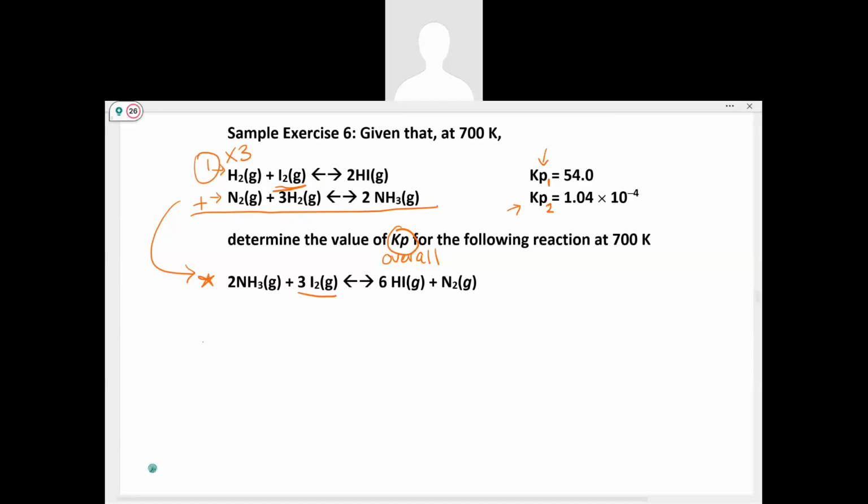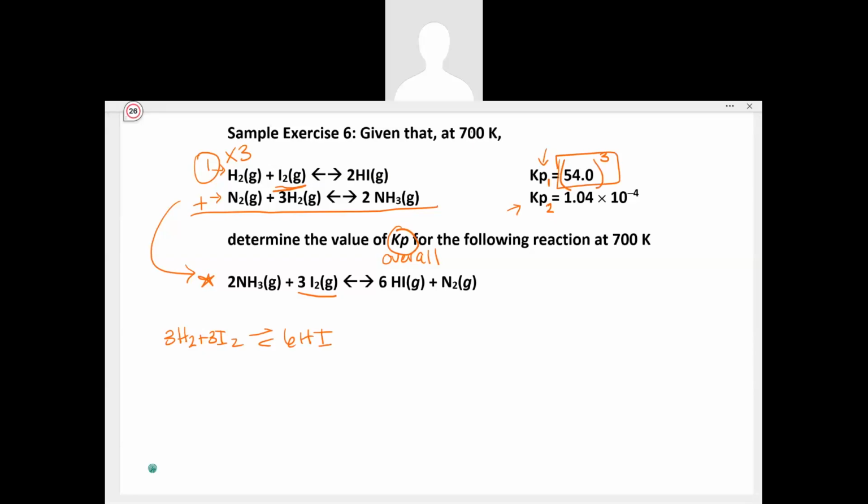That will give me 3H2 plus 3I2, and that will yield 6HI. So far we've multiplied the first equation by 3, and instead of multiplying Kp1 by 3, I actually have to raise it to the power of 3. So I'm going to cube 54, and we're going to use that in our overall calculation.